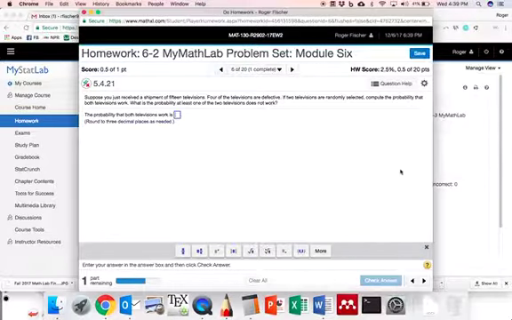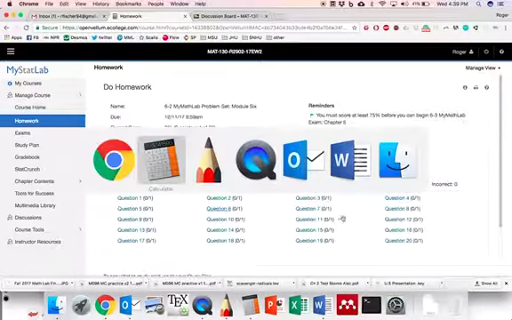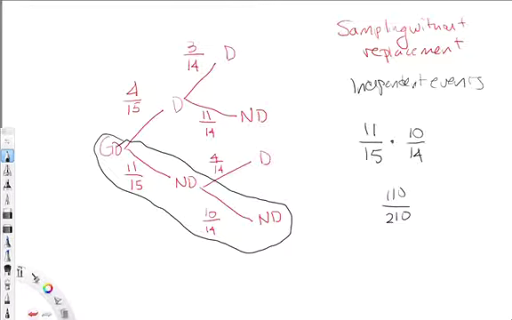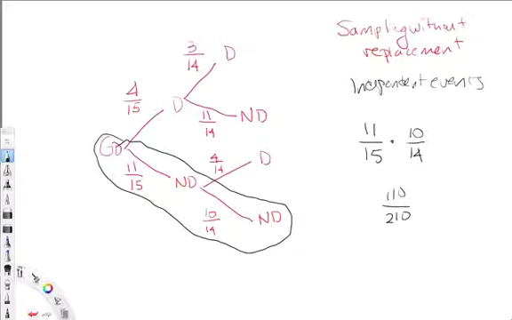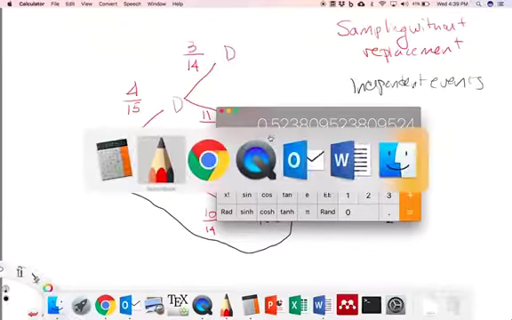So I'm going to do parenthesis 11 times 10, divided by parenthesis 15 times 14, close paren, and I get 0.524 to the nearest thousandth.